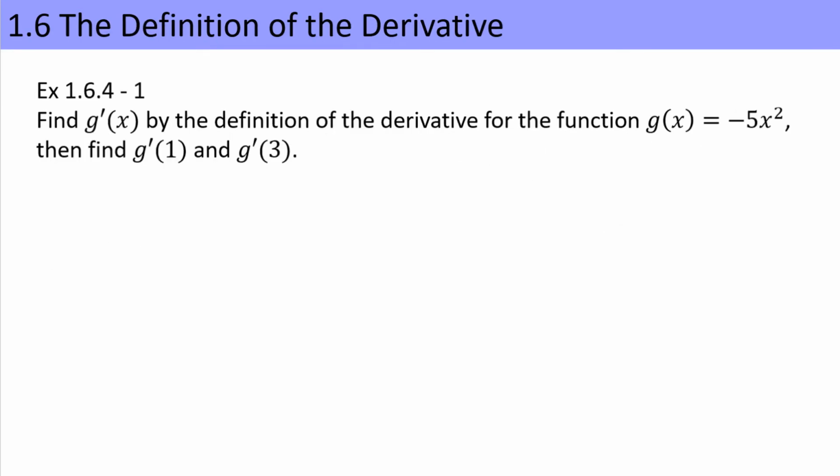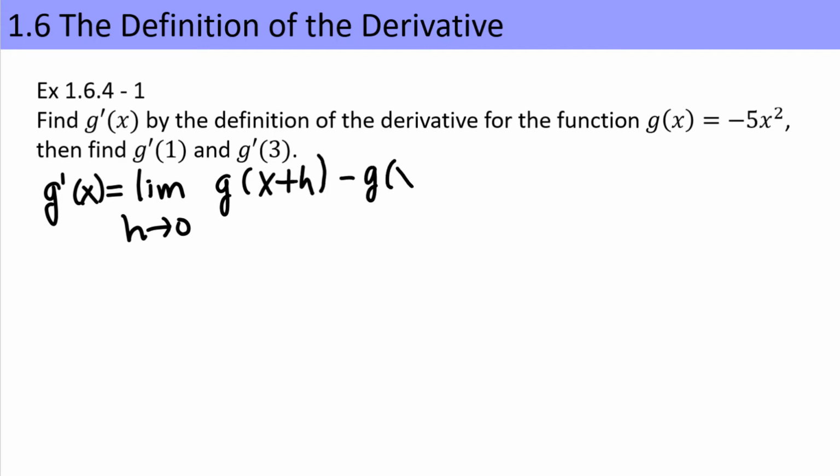Example, find g prime of x by the definition of the derivative for the function g of x equals negative 5x squared, and then find the derivative at 1 and the derivative at 3. Let's begin with the definition of the derivative, which states g prime of x is equal to the limit as h approaches 0 of g of x plus h minus g of x, all divided by h.